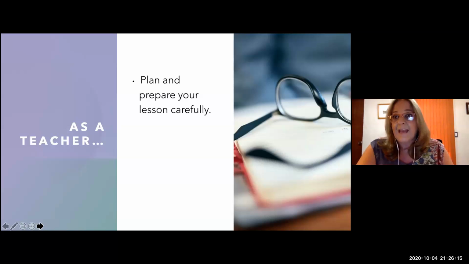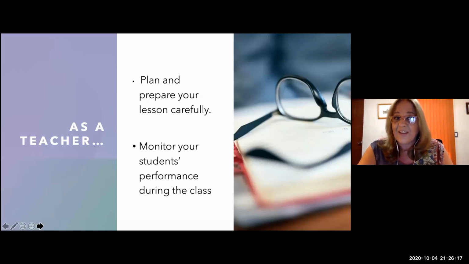We have to plan and prepare, and during the session, we must monitor our students' performance.